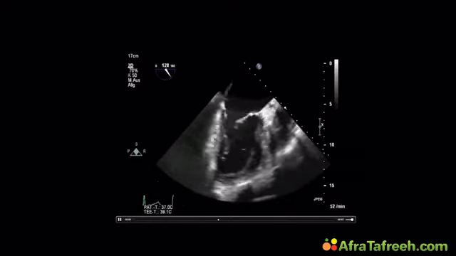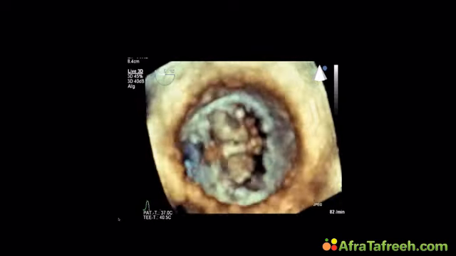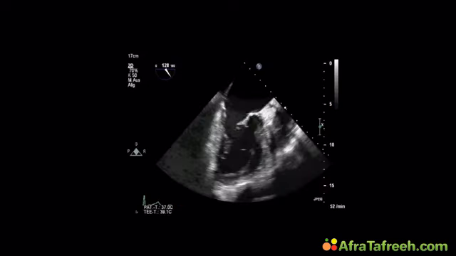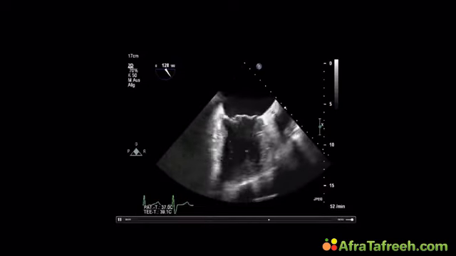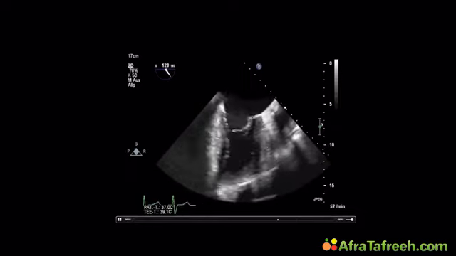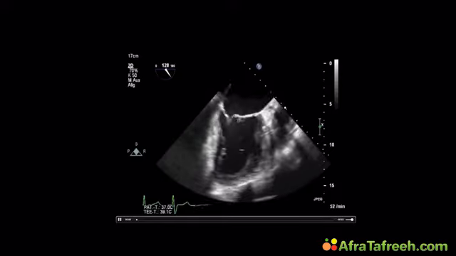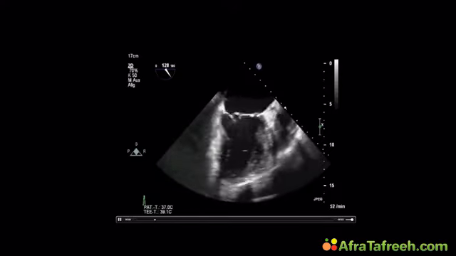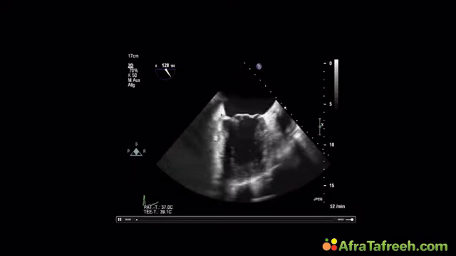So if you stop the frame, let me see if I can stop it here. No, I can't advance it. Anyway, if you take a look at the relationship between the anterior and the posterior leaflet, you see that part of the anterior leaflet is behind the posterior leaflet.